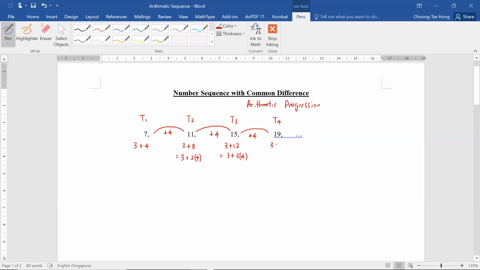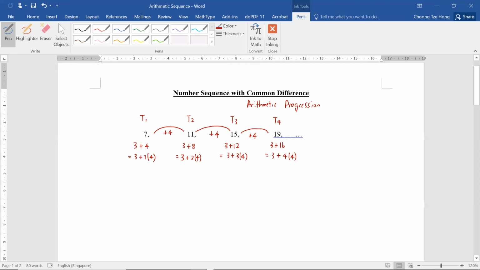Then we do likewise for 19, which will be 3 plus 16, and 16 we can write as 4 times 4. Let's write the first one as well: the first term we can write as 3 plus 1 times 4.